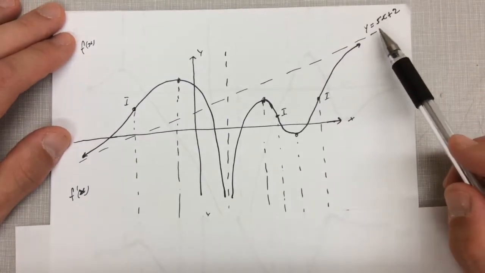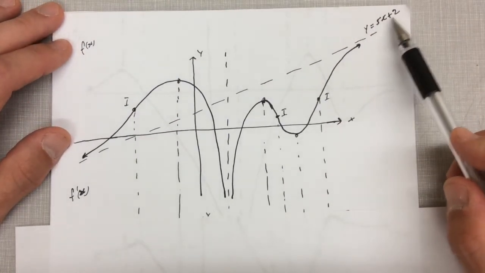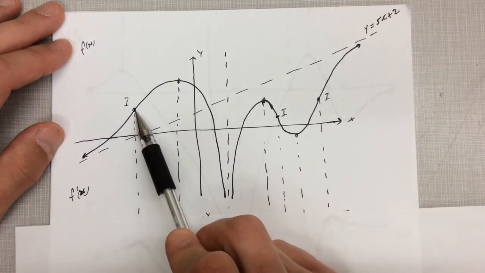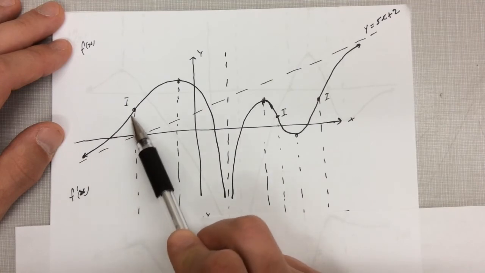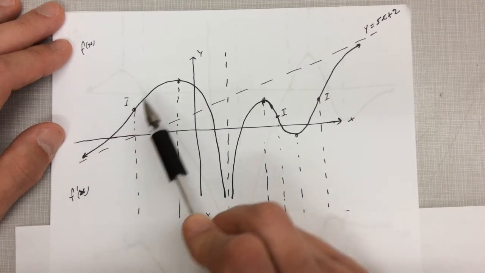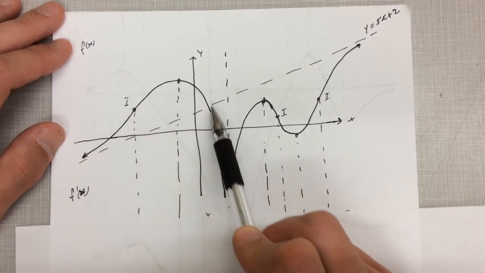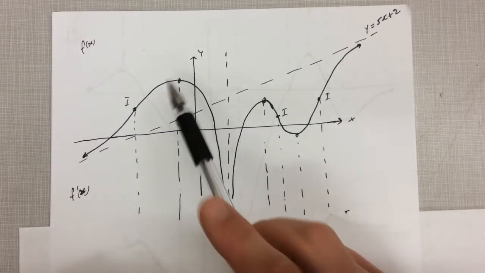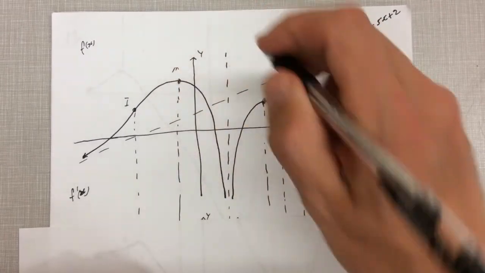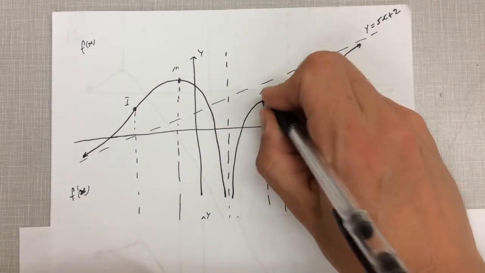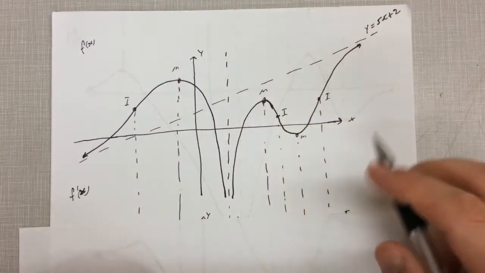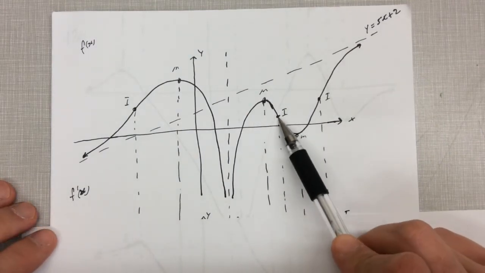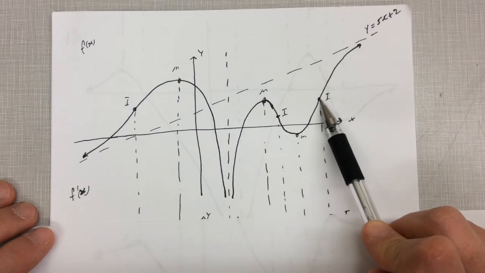I gave an equation for a possible oblique asymptote here, so it could be 5x plus 2. We have an inflection point here. Its concavity is upwards, slopes of the tangents are increasing, then decreasing all the way in here. Okay, so we know that that's an inflection point. That's a maximum. That's a minimum. And then we have another inflection point here where the concavity is changing, and another one there.